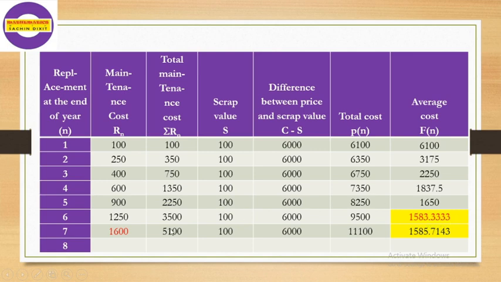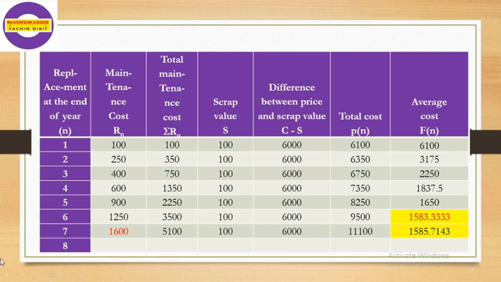Hence, this value is R(n+1) and this value is Pn upon n. And in the theory conventions, if R(n+1) is greater than Pn upon n, then the machine will be replaced at the end of the nth year.